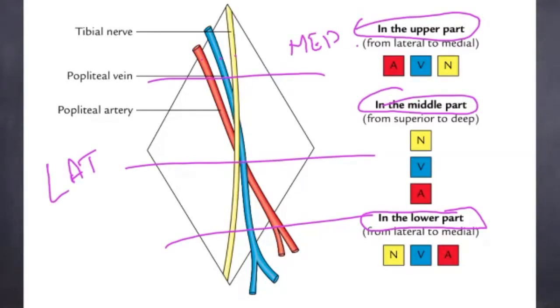In the middle, superficial to deep: nerve, vein, artery. Whether upper, middle, or lower, the artery is the deepest one. And in the lower part, from lateral to medial: nerve, vein, and artery. So this is how it is inclined obliquely.